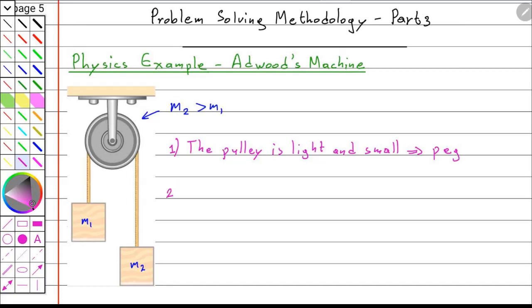The second assumption is that the rope is not extendable. This means that rope tensions are equal. We will see this effect when we start the calculations.